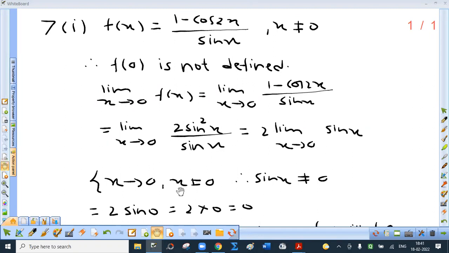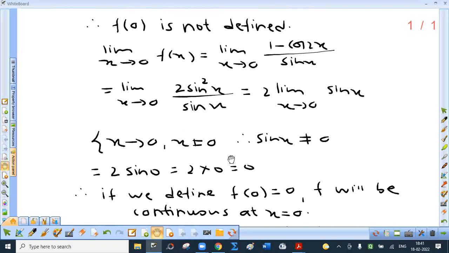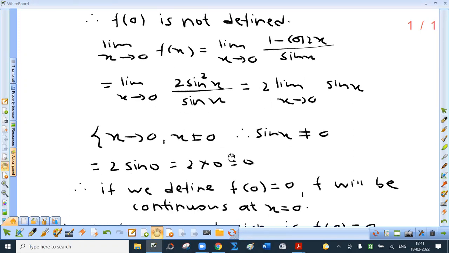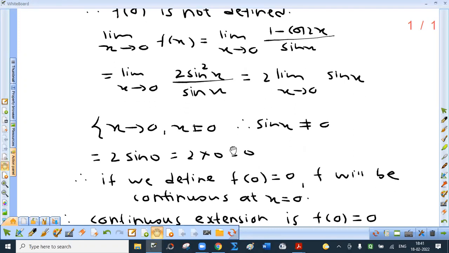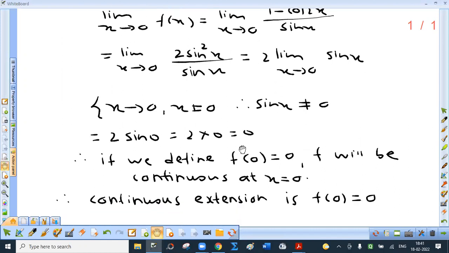Yes, we can. x only tends to 0. x is not 0. So sin x is not 0. Now take the limit. sin 0 is 0. So the value of the limit is 0. So if we define f(0) as 0, f will be continuous at x = 0. Therefore, the continuous extension is 0. That is f(0) = 0.